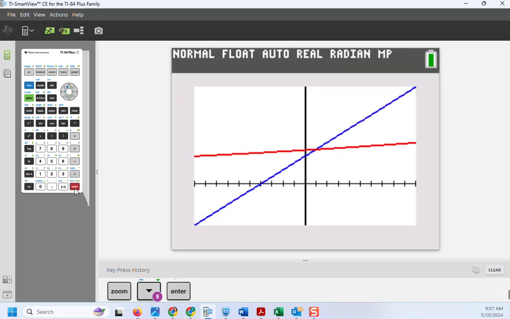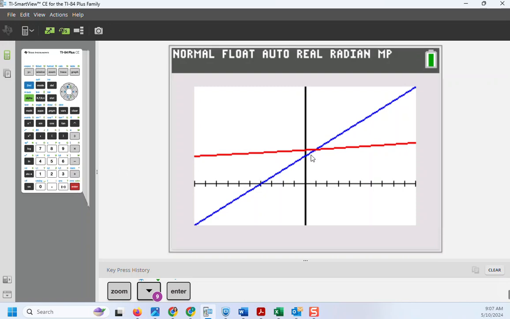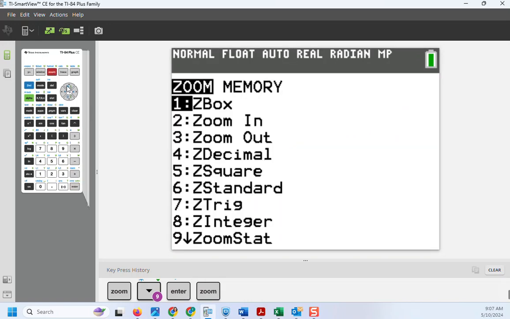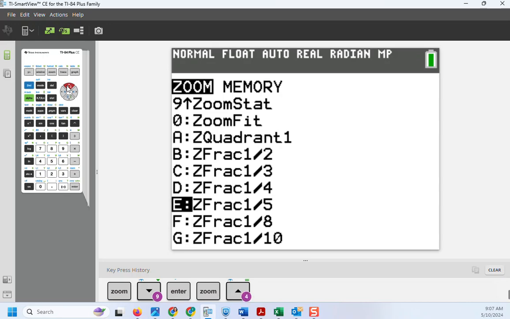Let's see how that works. Oh, that's not bad. All right, so right here where the lines cross. Which one did you press? I did zoom. And then I chose zoom fit, which is choice 0. You have to scroll. Zoom and then zoom fit.